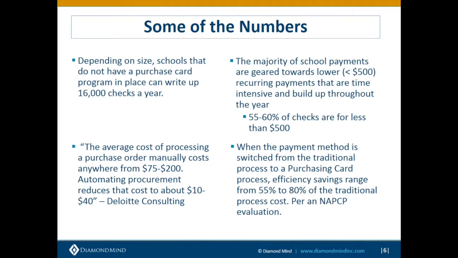And again, when the payment method is switched from a traditional processing, with those manual processes requiring the cardholders to actually use their own cards, their personal information, and then be reimbursed, the efficiency savings range anywhere from 55 to 80% of the traditional processing cost.